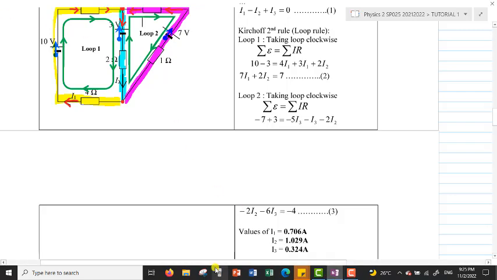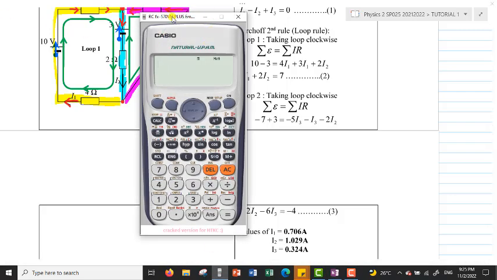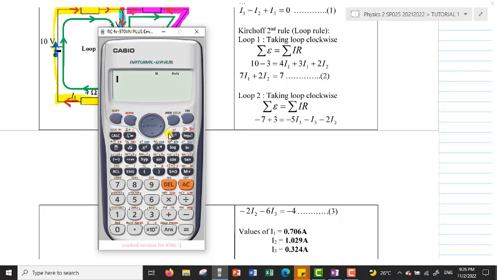Then you might pause the video, take out your scientific calculator using the equation mode. Then we are going to solve the equations.